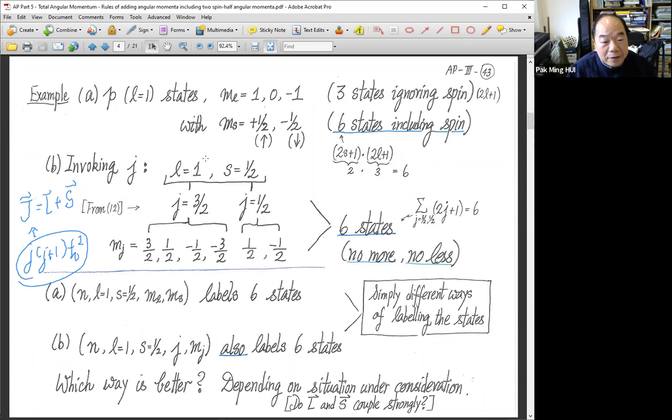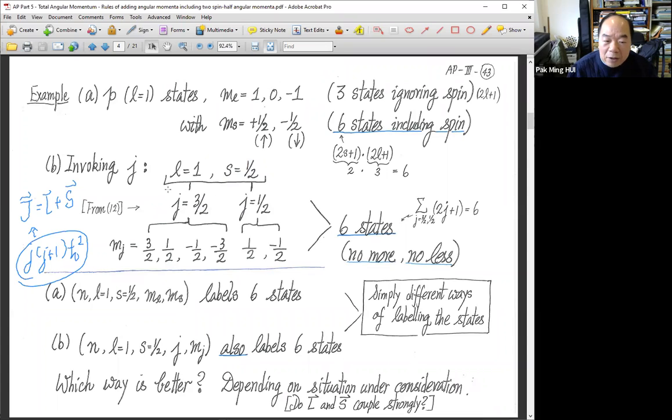J will be L plus S, L plus half, so 3/2, or L minus half, half. 2 possible values. Let's count.